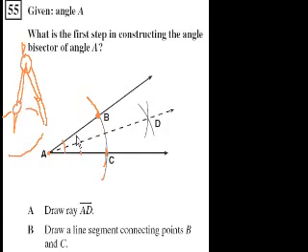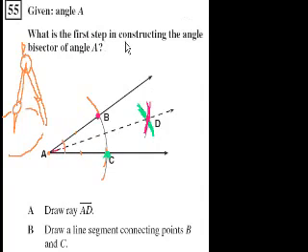I could have done it here, I could have done it out here, and they just picked points B and C. And then from each of those points, you could put your pivot here, and draw a circle around that, you would have gotten this one right here, right? And then if you were to put your pivot point around here and draw a circle, you would be able to draw that. And then where they intersect, that would give you an indication of where the angle bisector is, right? And you could then draw that line to where they intersect.